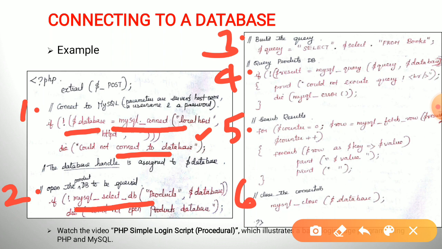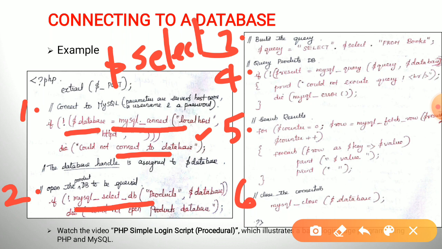Third step, we build the query based on the requirement from the user. Here the requirement is available in the $select variable. The requirement can be to access all the information from the table, or only ID, or only category, or only title from the table.